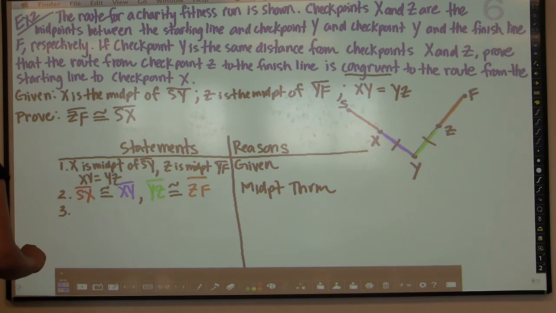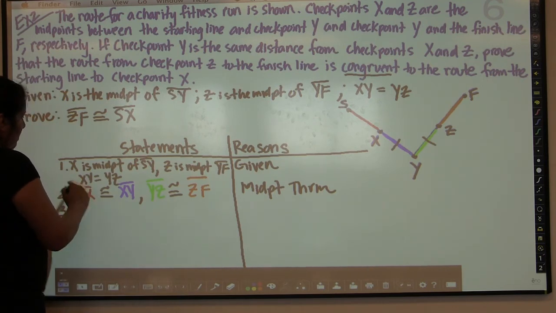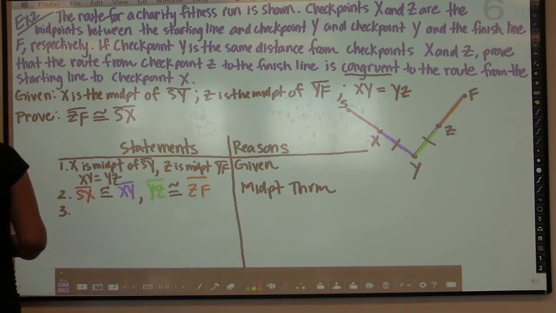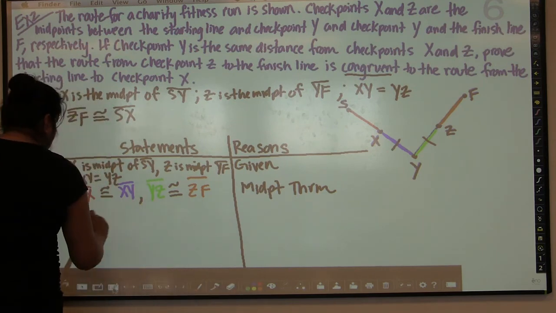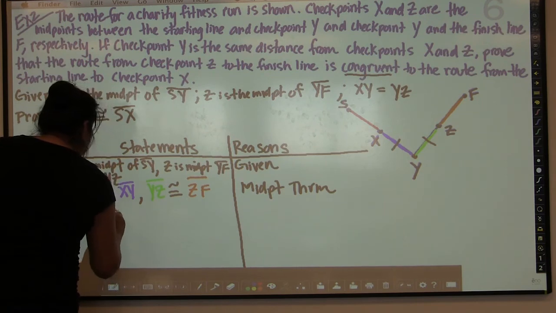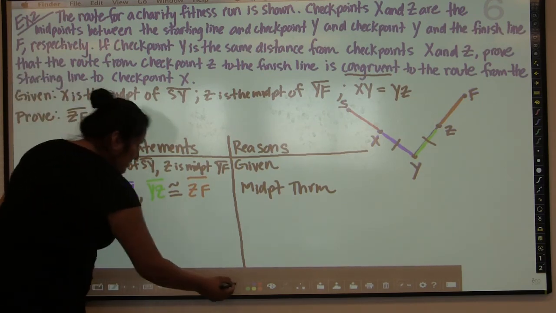In step 3, we can use some congruent statements. We know from step 1 that XY equals YZ, which means that segment XY, the blue part, is congruent to YZ, the green part.